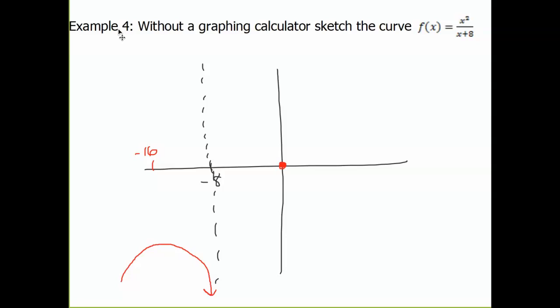My graph is then, since this is a vertical asymptote, going to start up at the top of that vertical tangent, and then it's going to come down. It's concave up from -8 on. It's decreasing till 0, and then it goes back up to increasing. So it's going to come down, go through that point, and go back up.